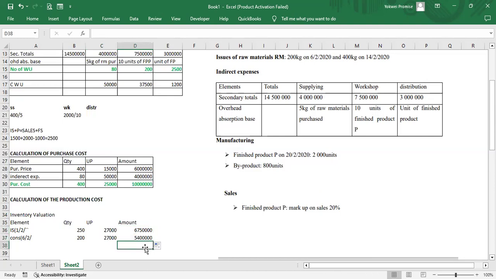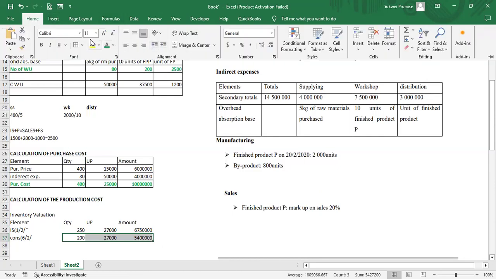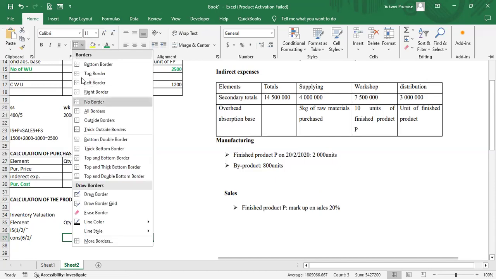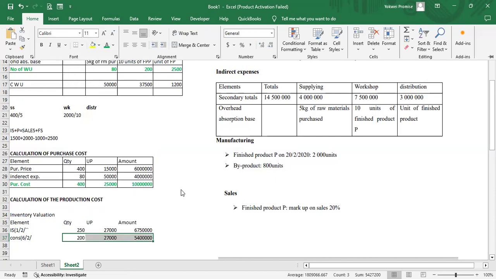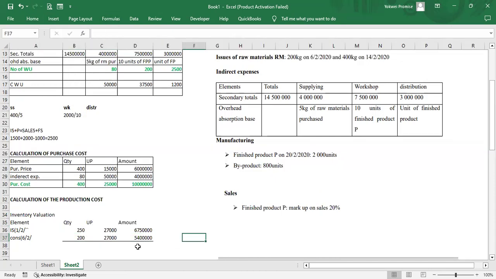So we can evaluate this and know what is remaining. Let me just draw a line. What is remaining here? Since it is consumption, we are going to be subtracting.